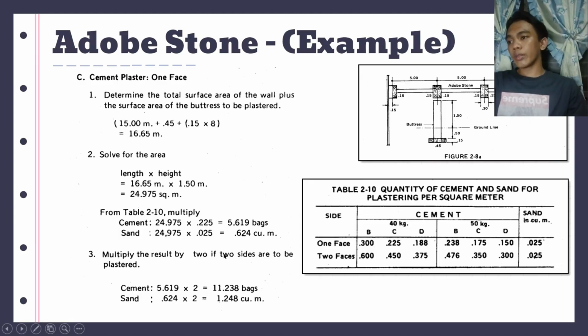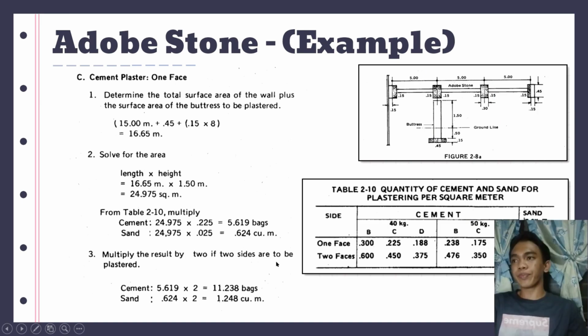Now multiply the result by 2 only if you have two sides that you want to plaster. If you only want to plaster one side, you don't need to multiply it by 2. Now say we plaster both sides of our adobe stone, so we multiply it by 2. That would be equal to 11.238 bags of cement and 1.248 cubic meters of sand.